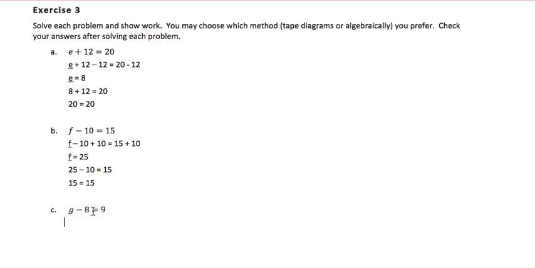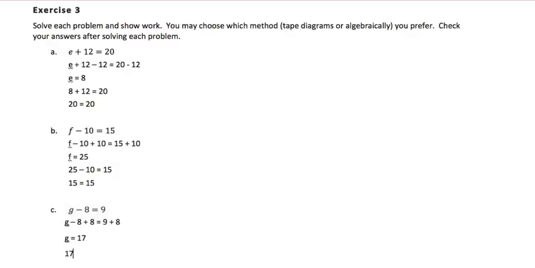So I'm going to add 8, the opposite of subtracting it. And I have to do it to both sides. We know then that g plus 0 is g, and 9 plus 8 is 17.